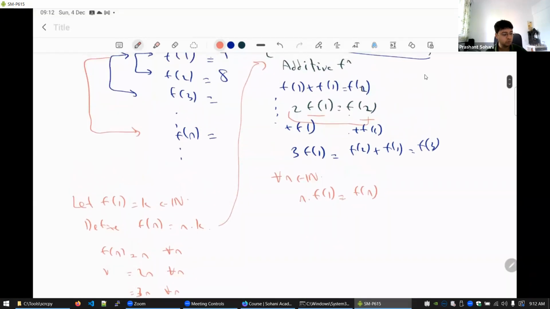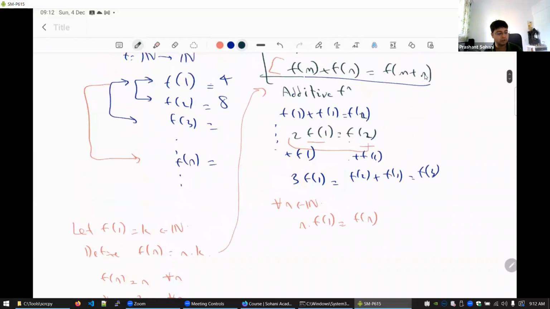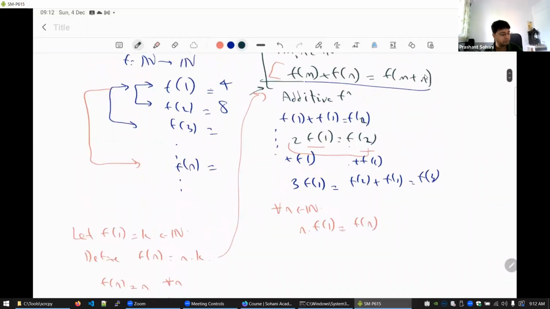Basically we have shown a two-way street: if I have a function which satisfies this condition, then it has to be of the form n times f of 1. And in reverse, if you take a function of the form n times f of 1, it will satisfy this equation. So you completed both directions of the calculation.